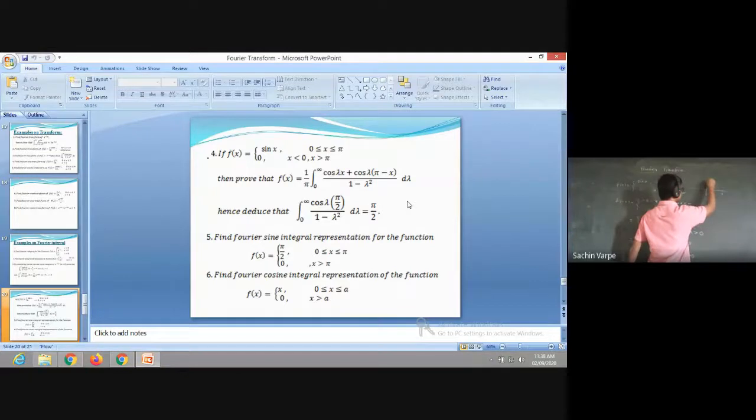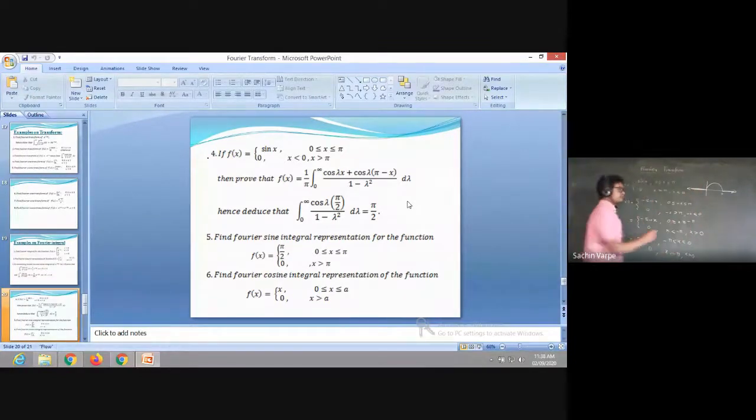Sine pi will be 0, so the graph will be like this. In 0 to pi, f(x) is sine, and when x exceeds pi, the function value will be 0. So here it will be 0. And when x is less than 0, the function value will be 0. So this is the graph of the function.